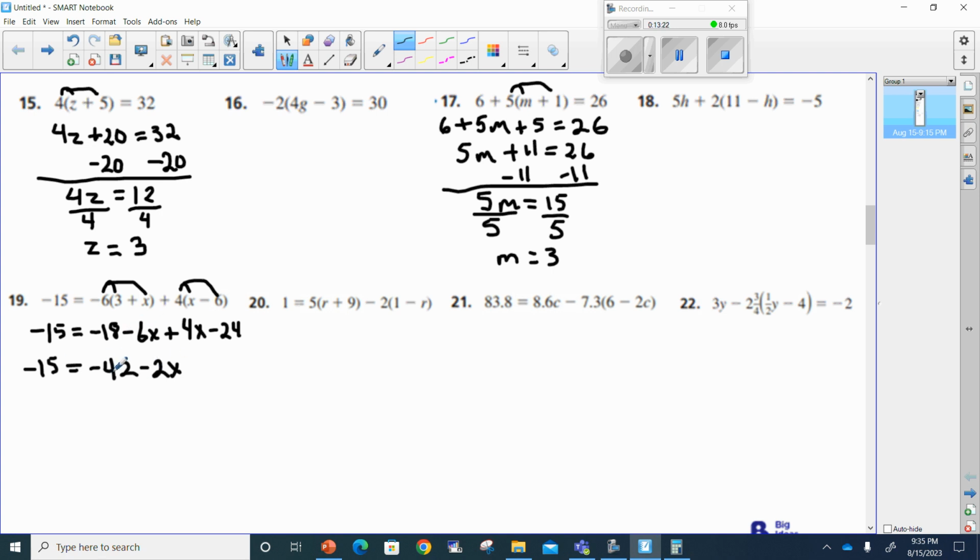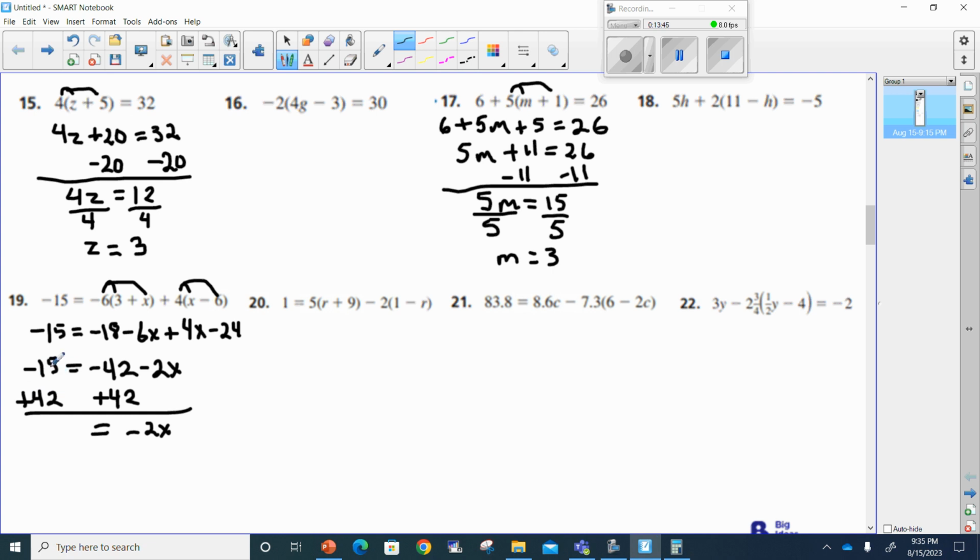Now, I've got to isolate my variable x, so I've got to get rid of this negative 42. The only thing that I can add to negative 42 to get rid of it is positive 42. Whatever I add to one side, I do the other. And I have negative 2x on this side, and that'll be equal to, well, again, signs are different. I'll find the difference.